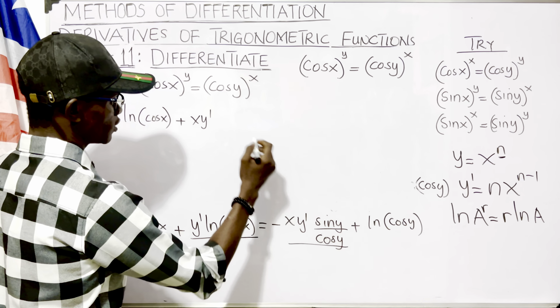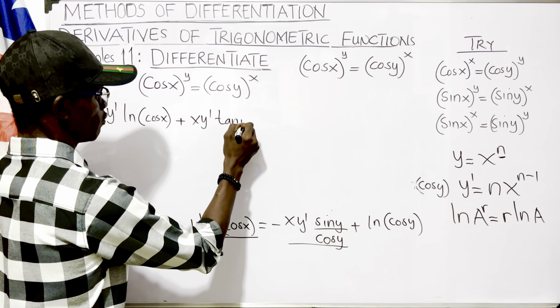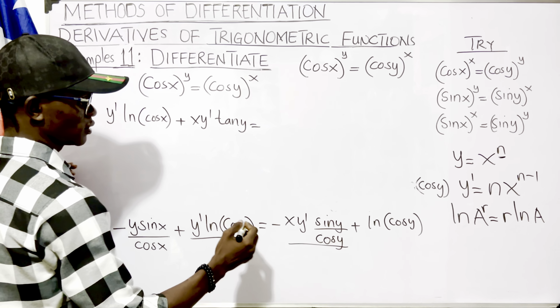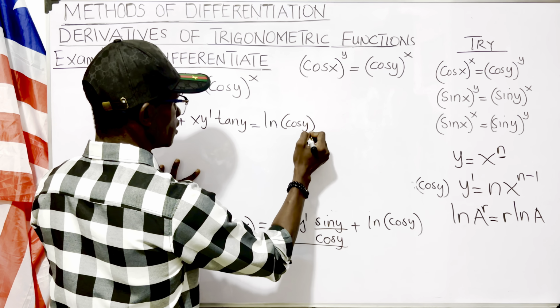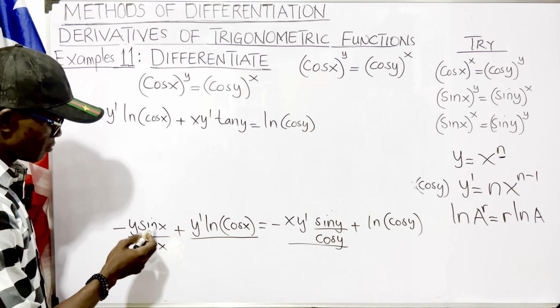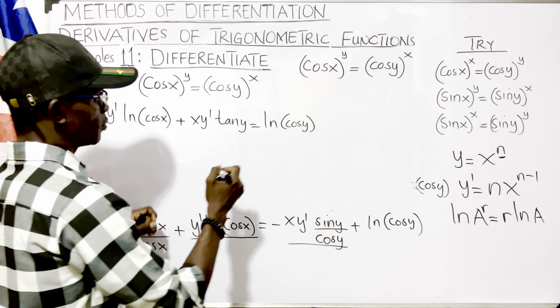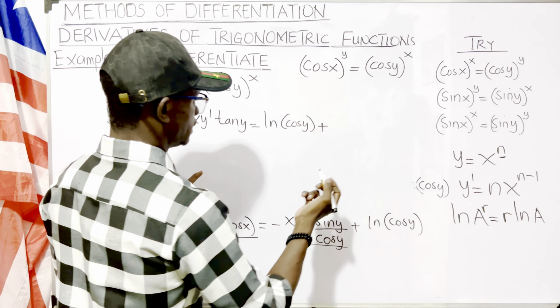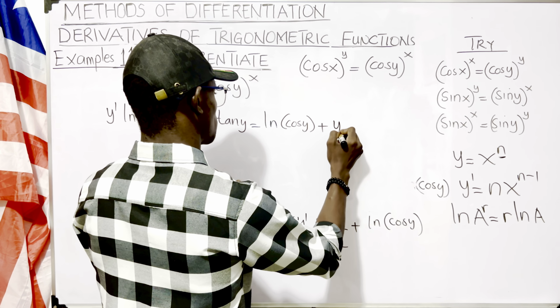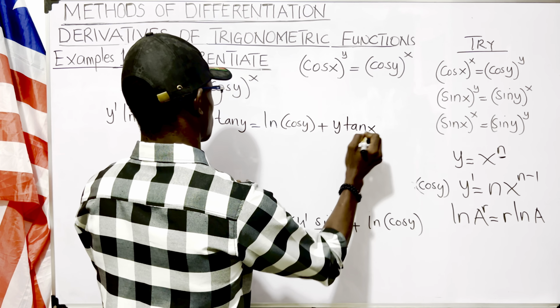Now, sine over cos is just tangent of y, all equals, on that side, ln of cos of y. If we send this term across, it will be positive, and sine over cos is tangent, so it's positive y tangent of x.